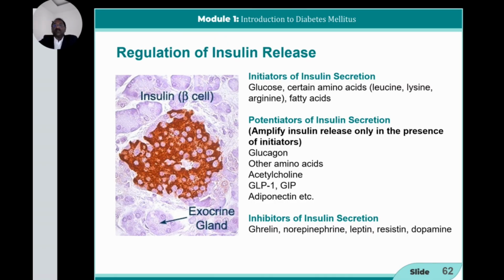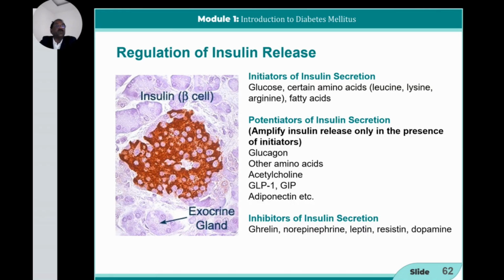So what are the initiators of insulin secretion? What stimulates insulin production? Your glucose will stimulate, certain amino acids like leucine, lysine, arginine, and the fatty acids stimulate your body to produce more and more insulin.